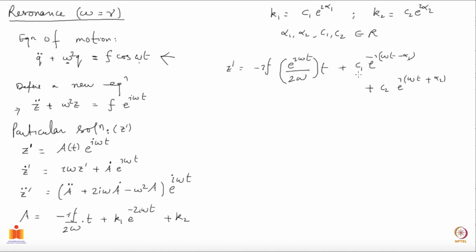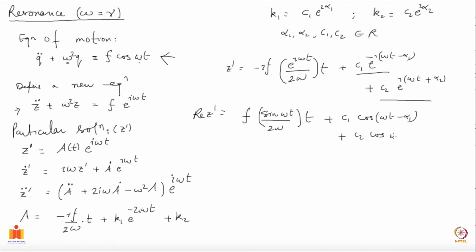Now look at these two parts. Let's take the real part of z prime. The real part of z prime is f sine omega t over 2 omega times t, plus c1 cos(omega t minus alpha 1), and c2 cos(omega t plus alpha 2).